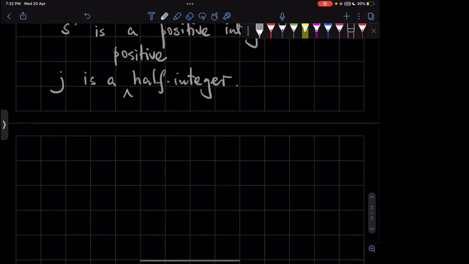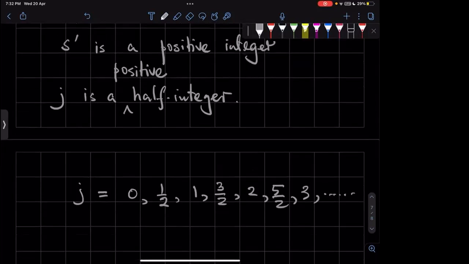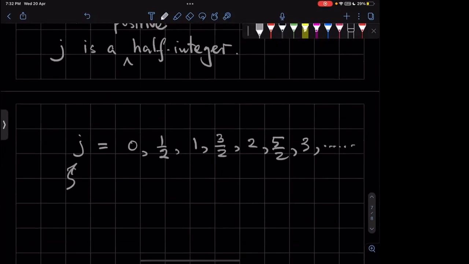So J can have the following values. J can be 0, it can be half, it can be 1, it can be 3 halves, it can be 2, it can be 5 halves, it can be 3, it can be 7 halves, and so on and so forth. Okay, so this is the maximum J3 eigenvalue.